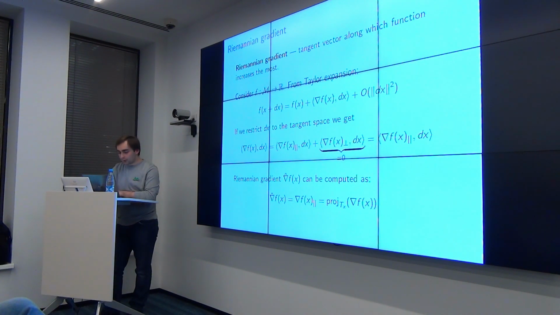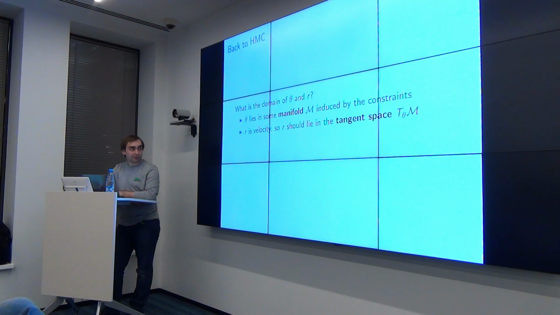Okay, so now we can return to the HMC. And now we can think what is the domain of theta and r. As we know, theta lies on the constraints, and constraints define some manifold.